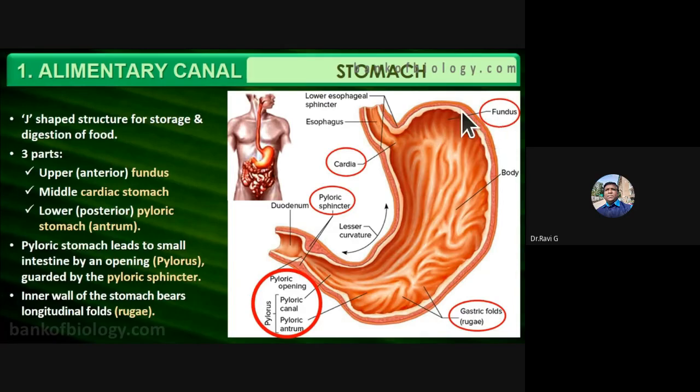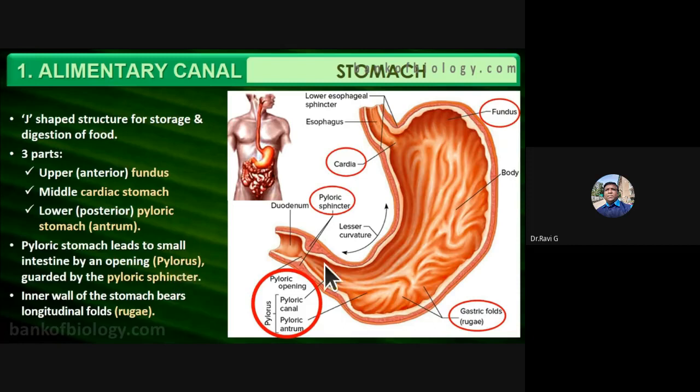The lower or posterior part of the stomach, the pyloric stomach, is also called the antrum.